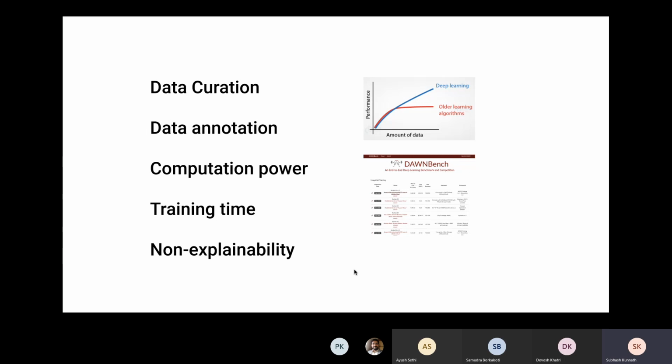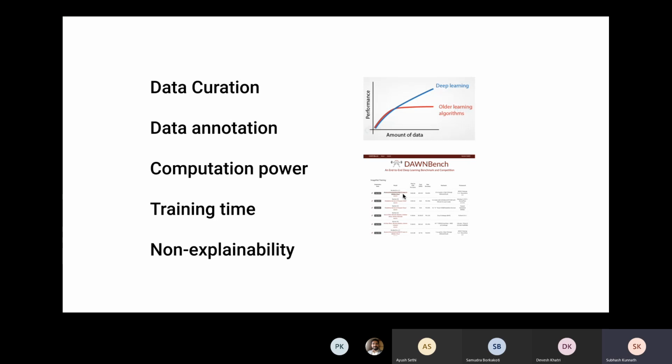So is there a rule which has been learned by the system, or is it just looking at some texture, or some portion of the image, and then doing the prediction? Adding that explainability to these models is another challenge.